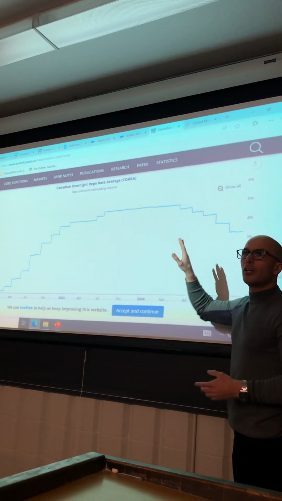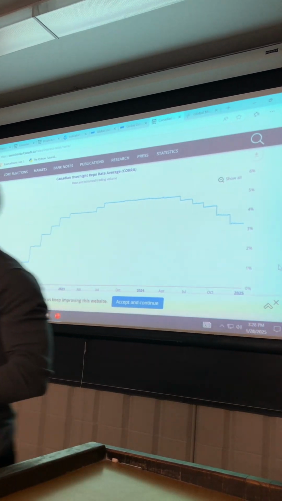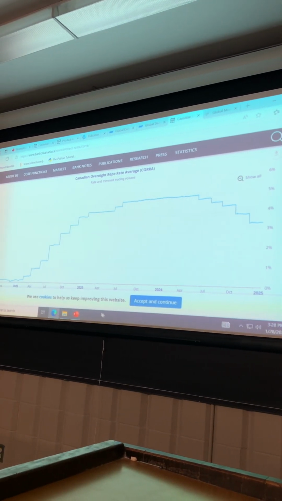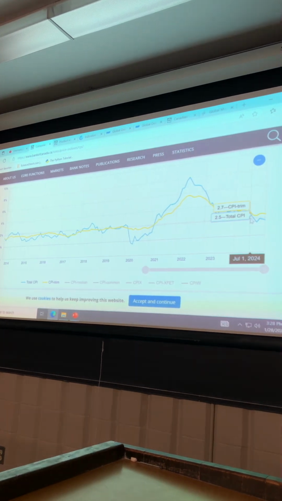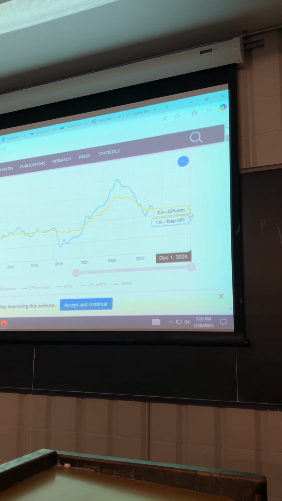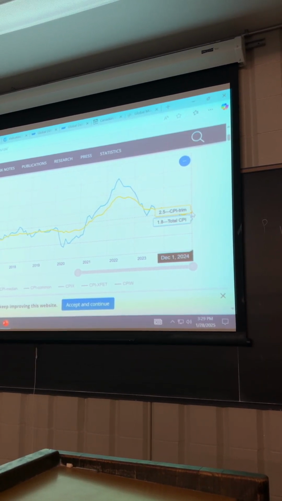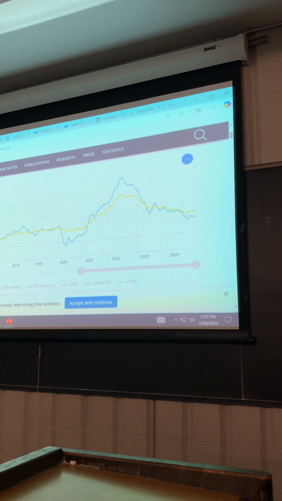They're lowering it because our fight against inflation is over. Like inflation rate now, we are seeing that. Where is it? Inflation. You see, it's now in the range that we are comfortable with. So our focus now is no longer inflation. Our unemployment is not too high. It's about 6.7% or so.